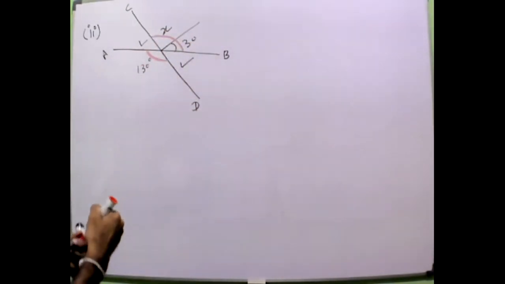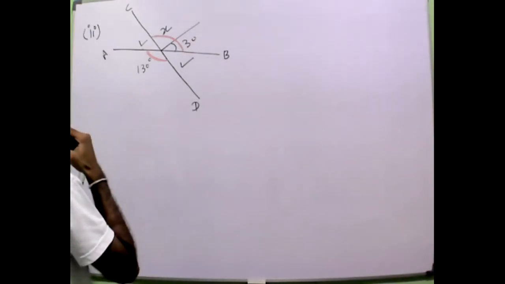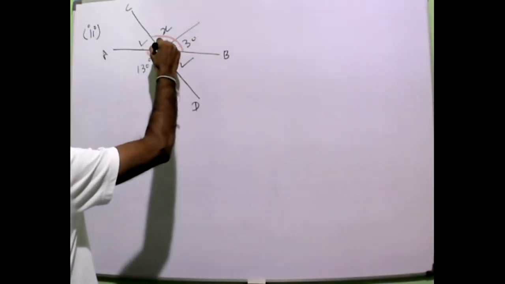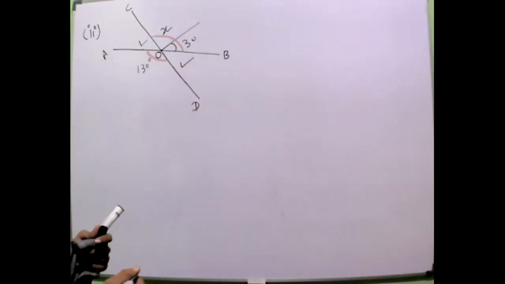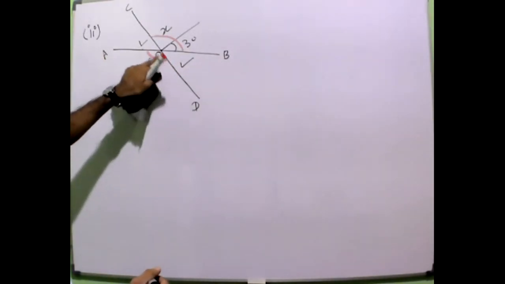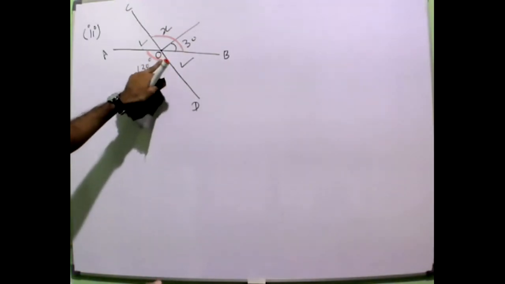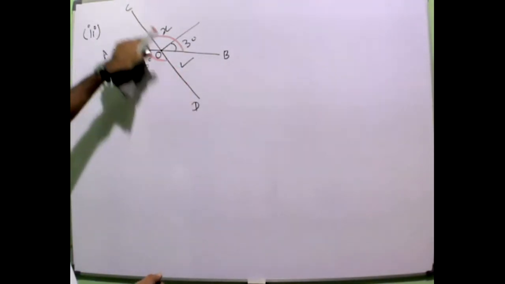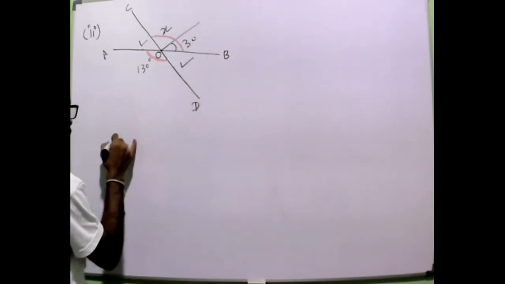I will put a letter here. The middle point is O. You may put any kind of letter, if you want. So AOD angle and COB angle are equal to this.